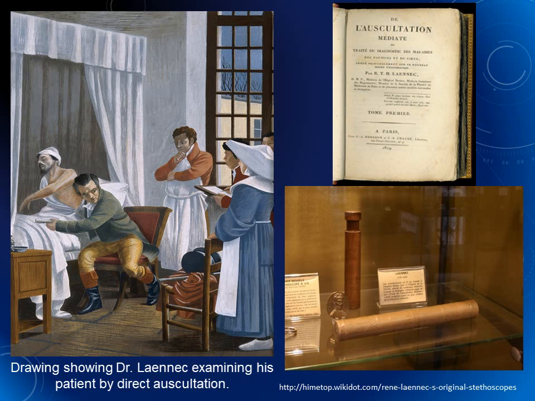Laennec described this cylinder, the first tool for auscultation, in his book Mediate Auscultation in 1819. Three years after Laennec first used his roll of paper, the book introduces the stethoscope and describes as never before the audible sounds of thoracic disease.